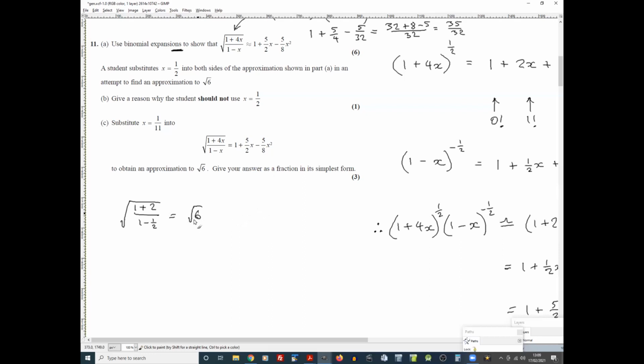But you can see why they thought it was a good idea, because you do get exactly root 6 that way. In fact, they might have put that equal to root 6 and then solved the equation and got x equals a half. So you can't blame them. But why should they know not to use x equals a half?